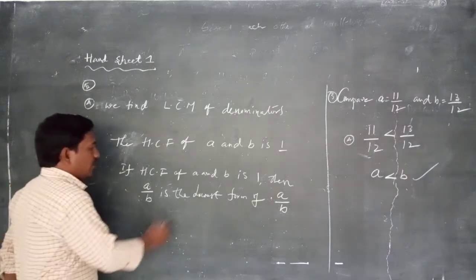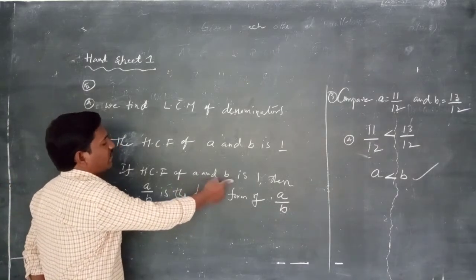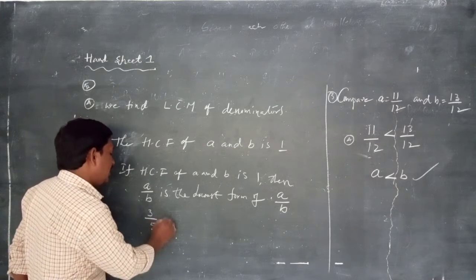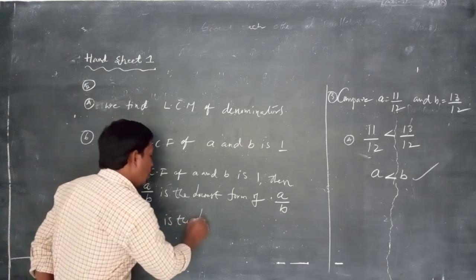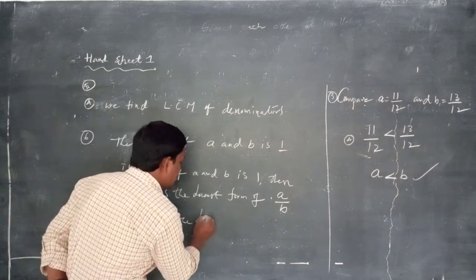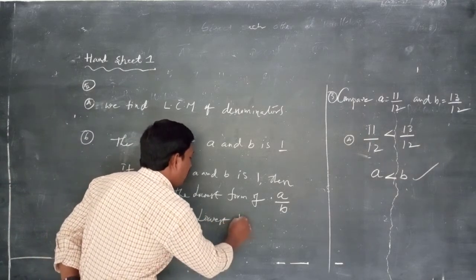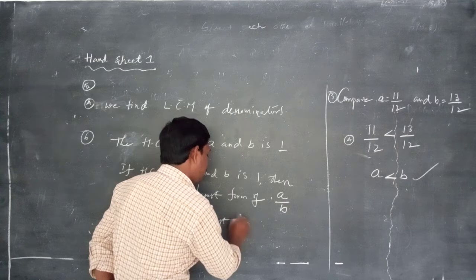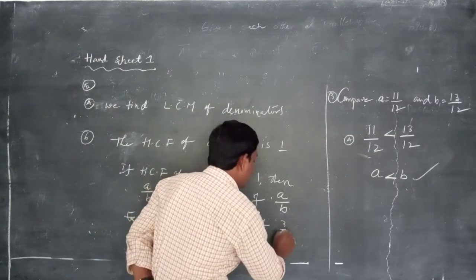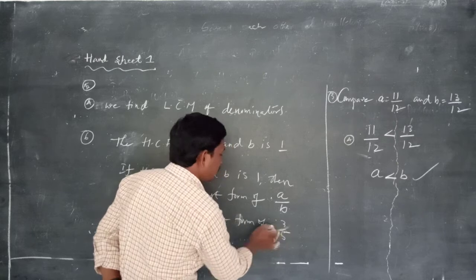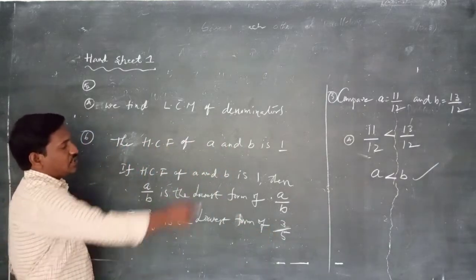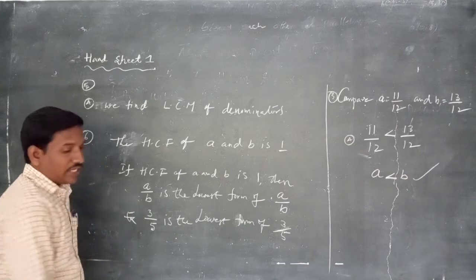Because the HCF of A and B is 1. For example, 3 by 5 is the lowest form of 3 by 5. Why? Because the HCF of 3 and 5 is 1. So already we calculated. How can you calculate the HCF?